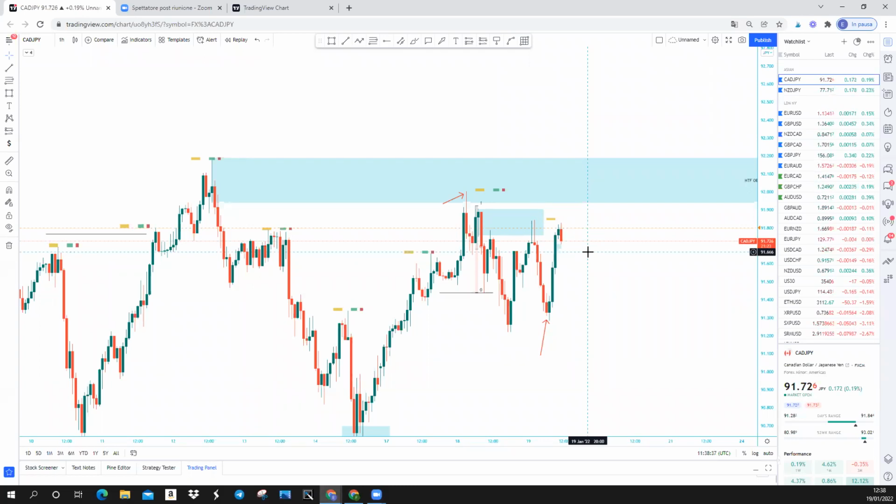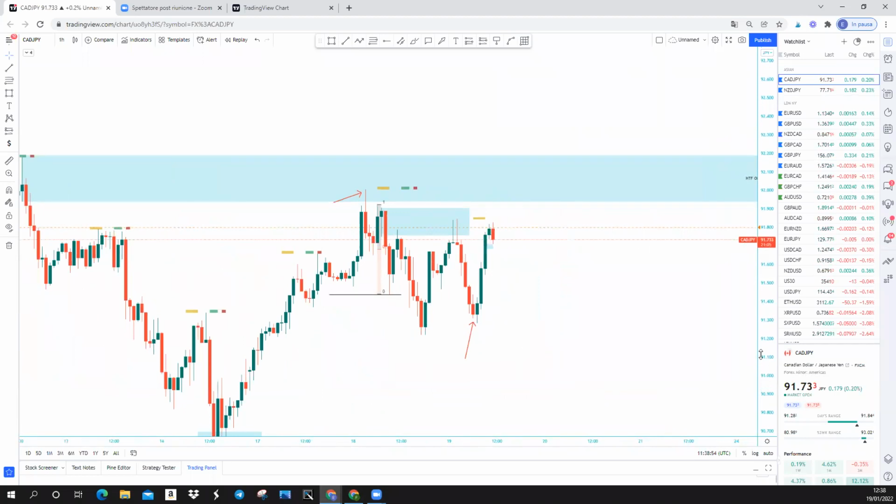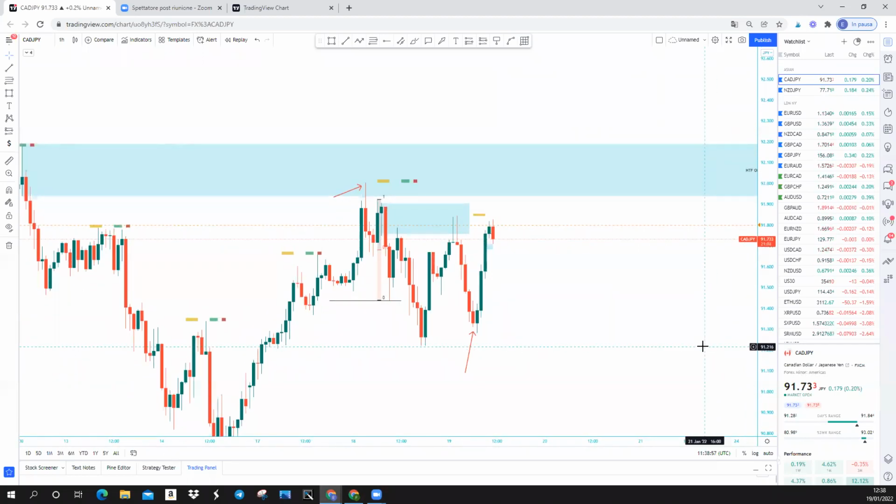Perfect. Core CPI. Okay, perfect. There are some news on the CAD. They could move the market, of course. What I usually do is that I try to be at break-even by the time we have the news, or I just wait for the news and then get involved.